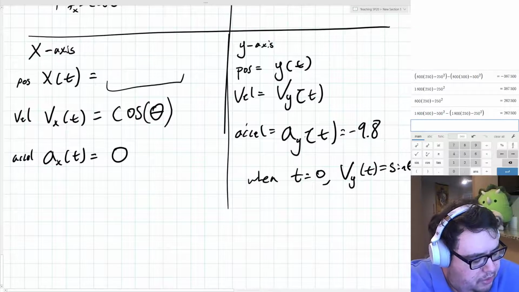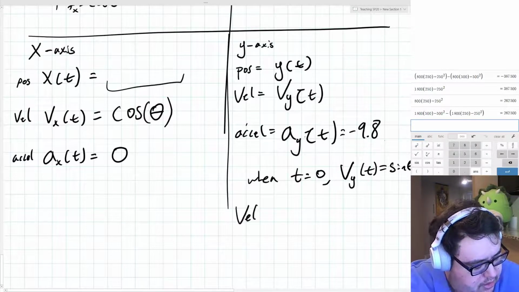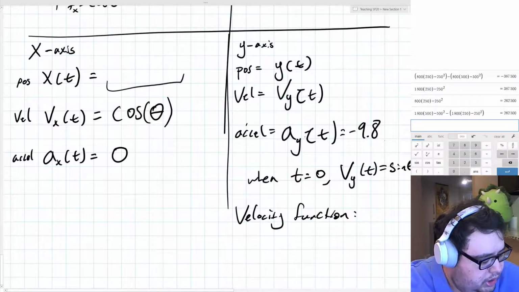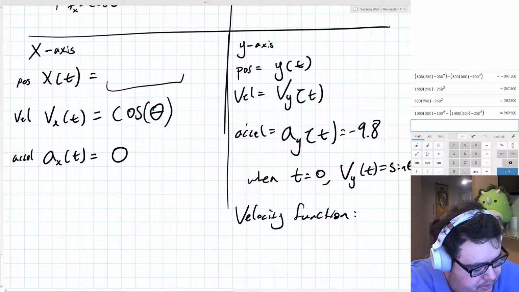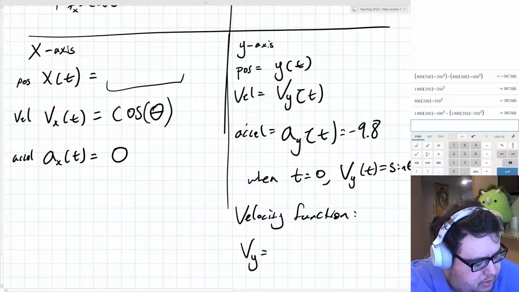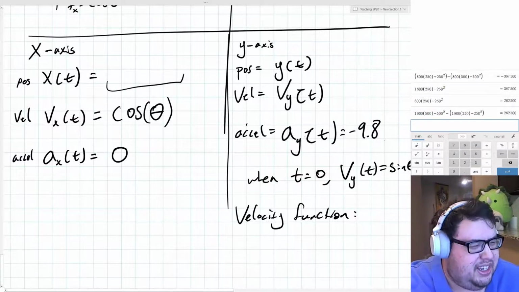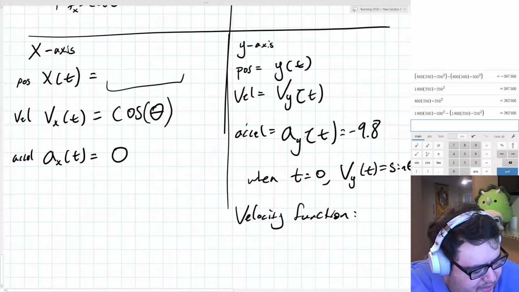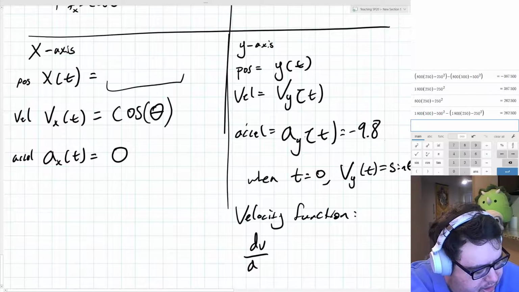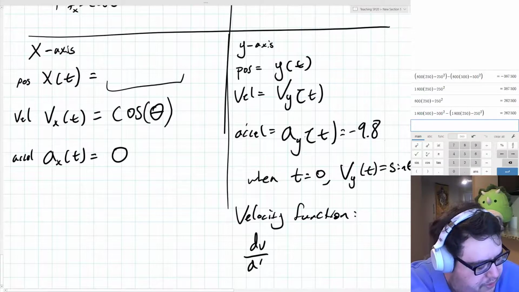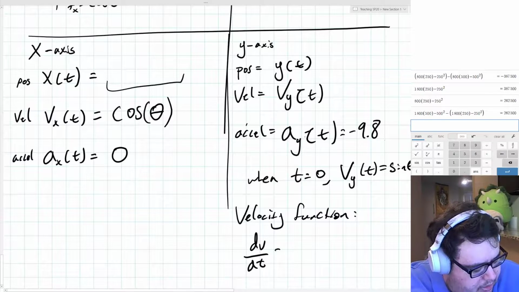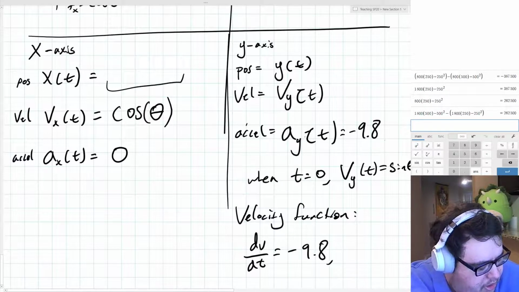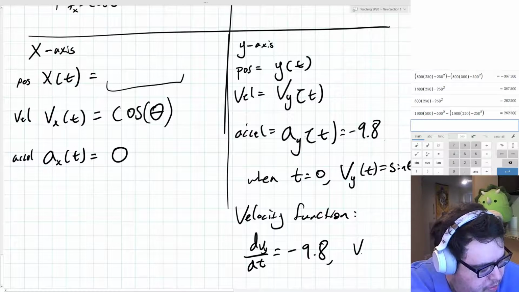So that means that our velocity function v sub y is actually a differential equation. We know that dv over dt, the derivative of velocity with respect to time, is equal to negative 9.8, and we know that v sub y of 0 is equal to sine of theta.